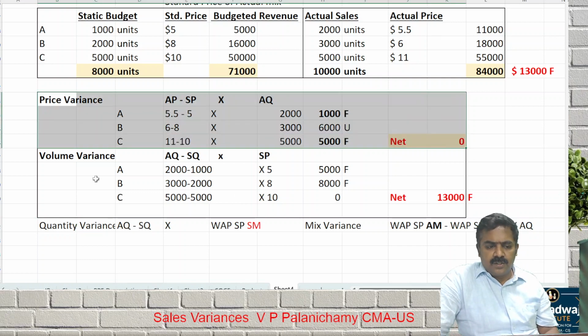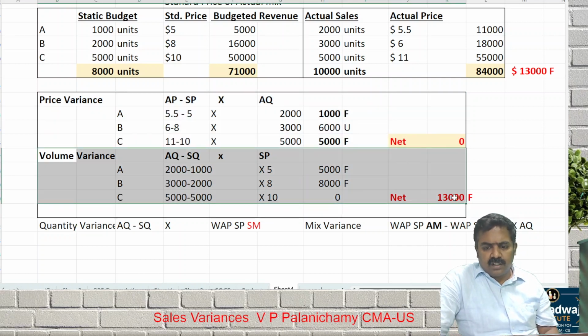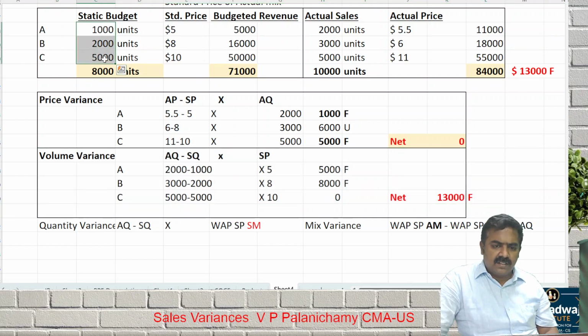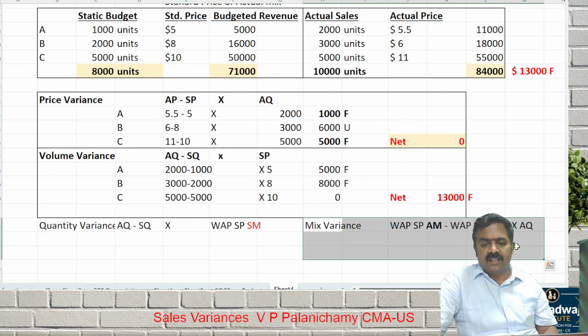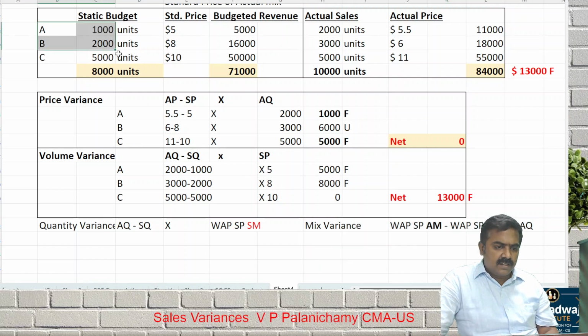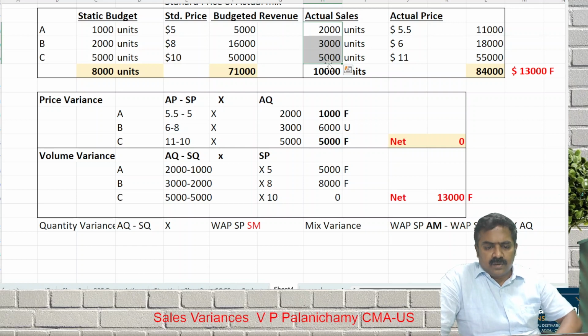Net price variance is 0 because of the number of units. This is static budget. This is actual sales. Because of the extra volume sold, the favorable variance came. Now the volume variance can be further classified into quantity variance and mix variance. Quantity means difference in quantity.